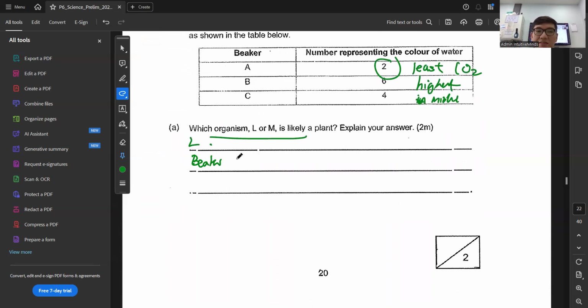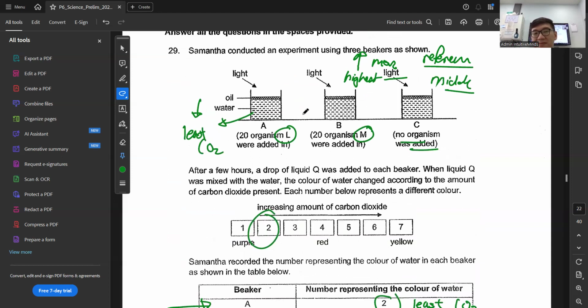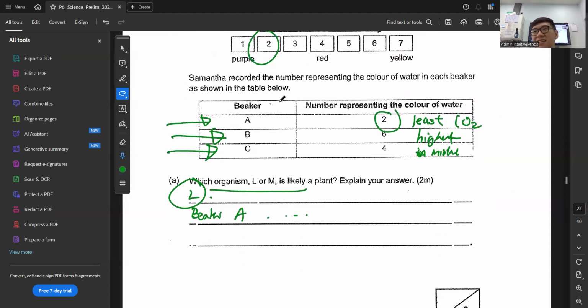So your reasoning is correct, but you need to start with organism L because organism L is in beaker A. These results are based on the beaker, but they tell you which organism. Your choice was wrong, but your explanation is correct.